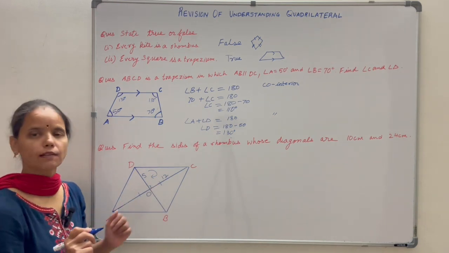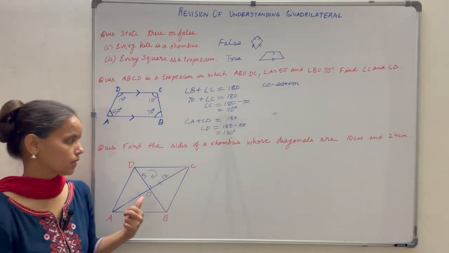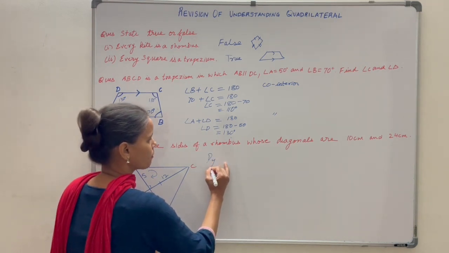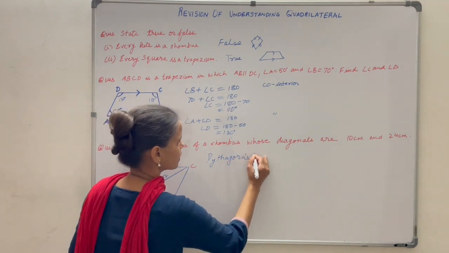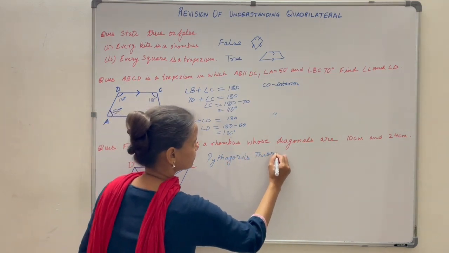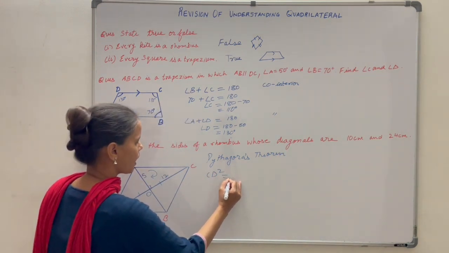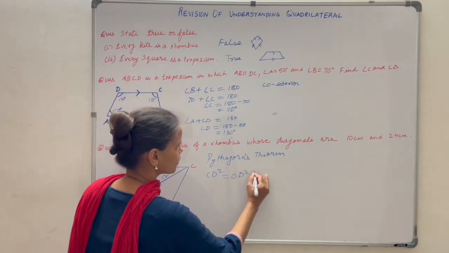So this triangle ODC is a right angle triangle. So you can find DC is the hypotenuse. So you can apply the Pythagoras theorem. As per that, CD square, the hypotenuse, is equal to the sum of the squares of the legs.